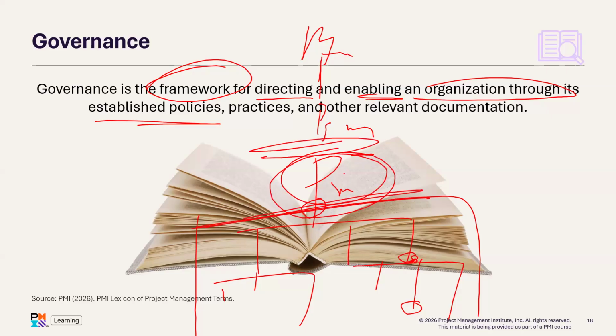Once that threshold is reached, he has to escalate to the programs manager, and then the programs manager will escalate to the portfolio manager. We will look at the various nuances as we go on. But mainly, this is what governance is.